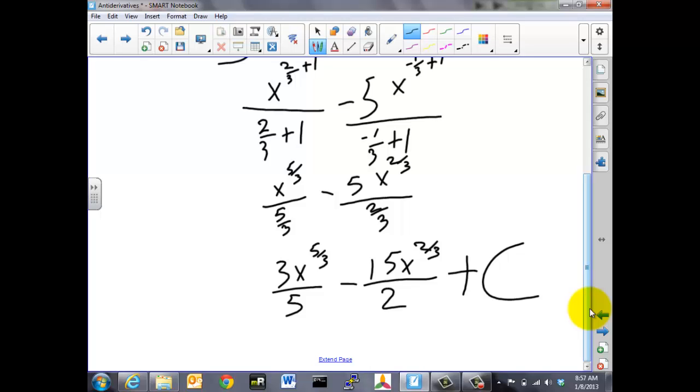But we can keep cleaning it up. Can we do something here with radicals? Yeah, we could make it 3x, the cube root of x squared, over 5 minus 15 cube root of x squared over 2.